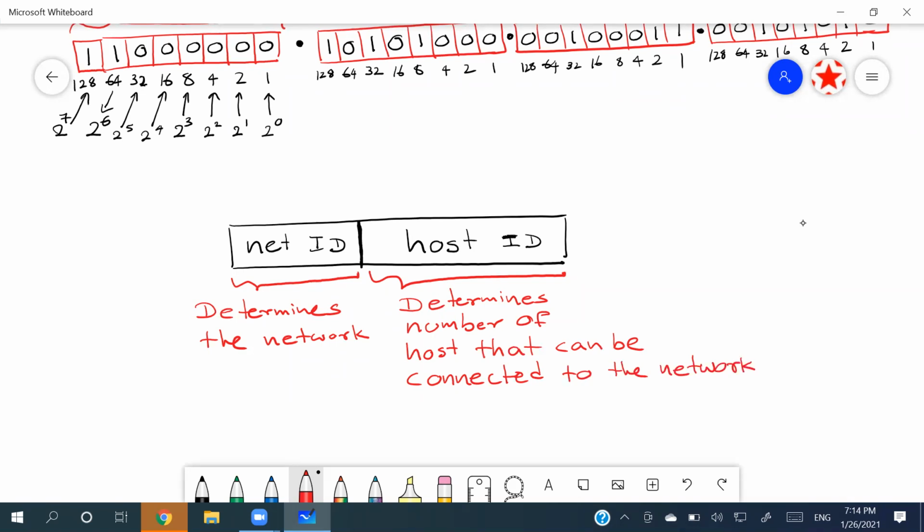Right? So those are the major functions of the net ID and the host ID.